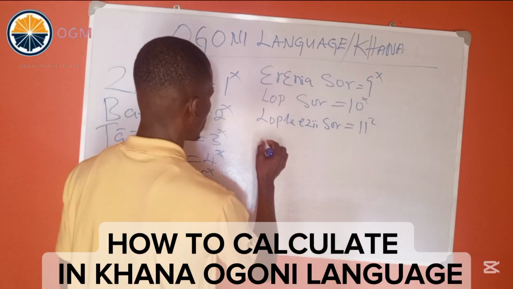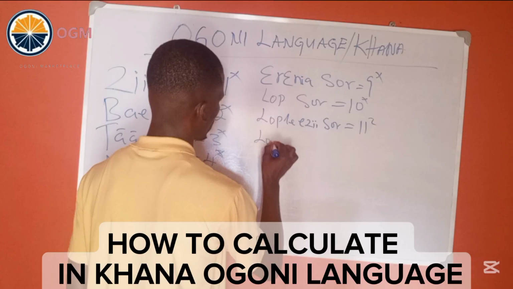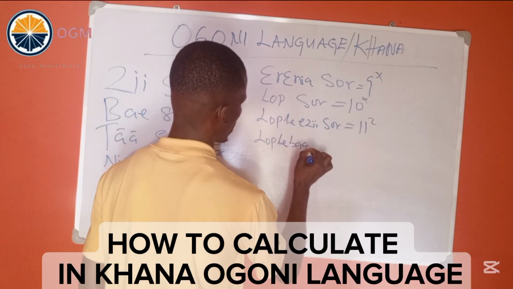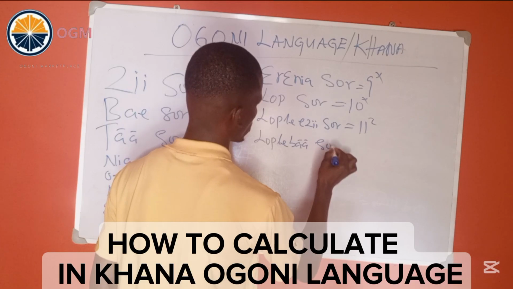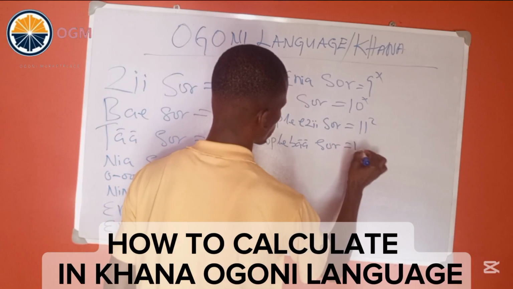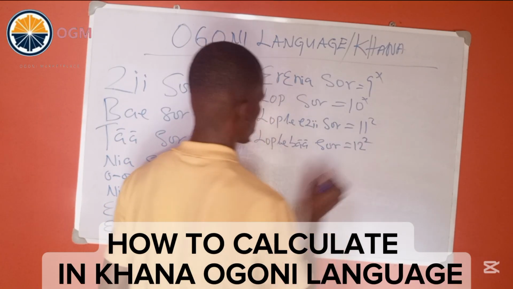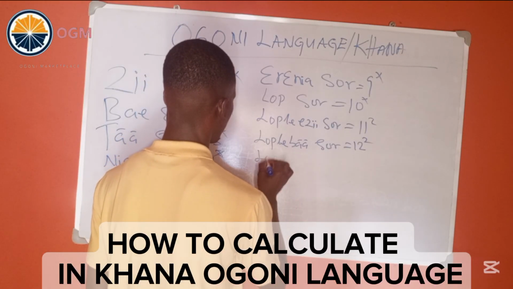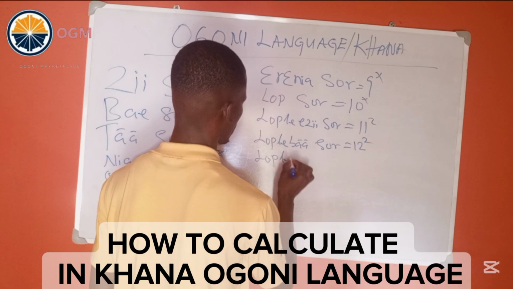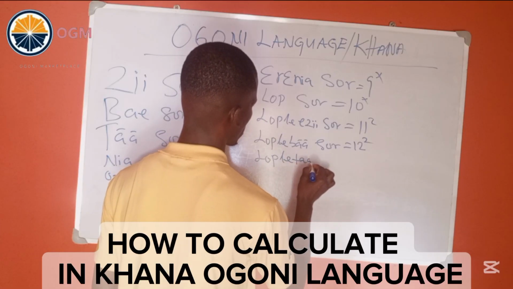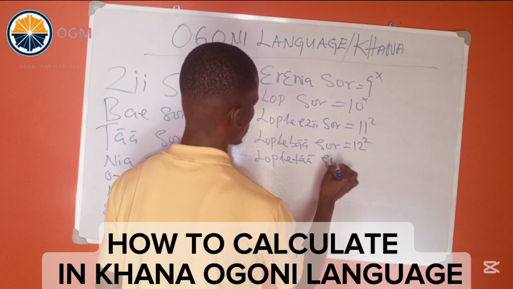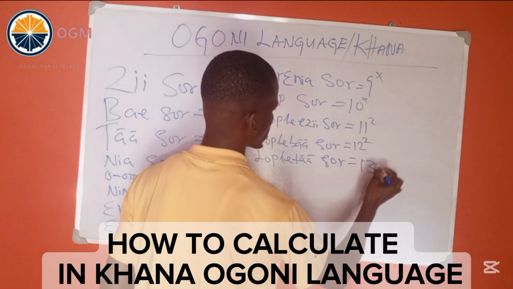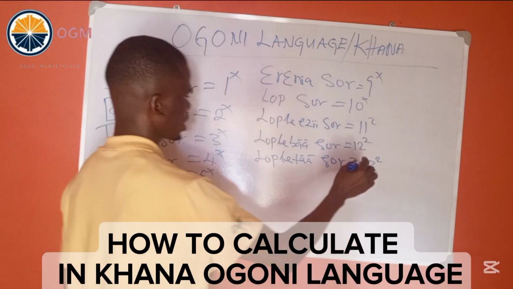Here you have loop son, which is 12x. Here you have lobleta son, which is 13x.